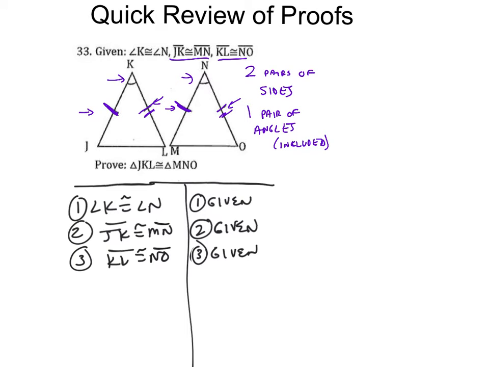So that is enough to tell me that triangle JKL is congruent to triangle MNO, and that's going to be just side angle side. That's it.